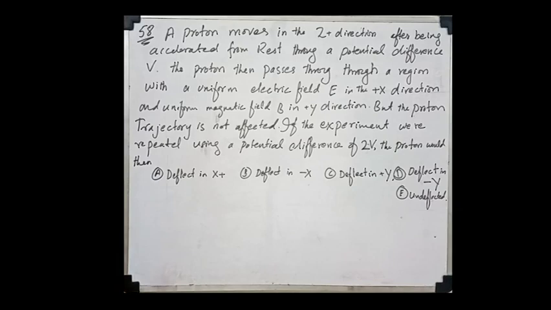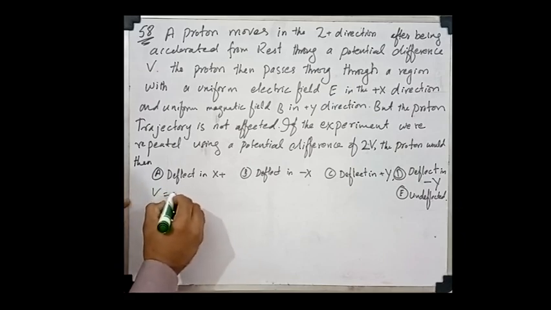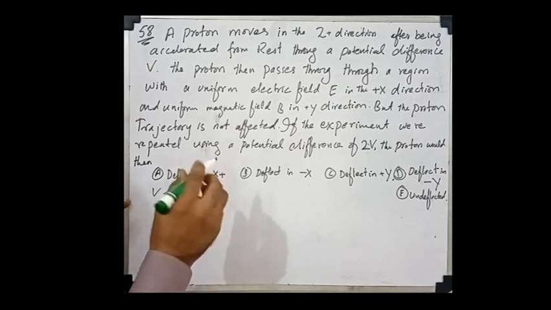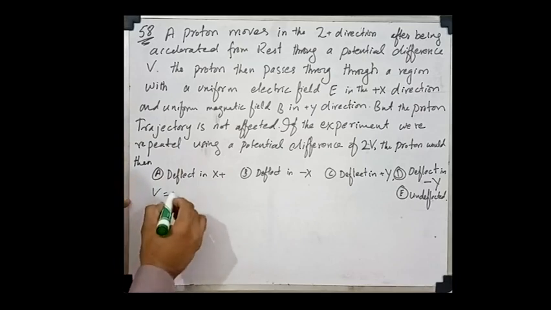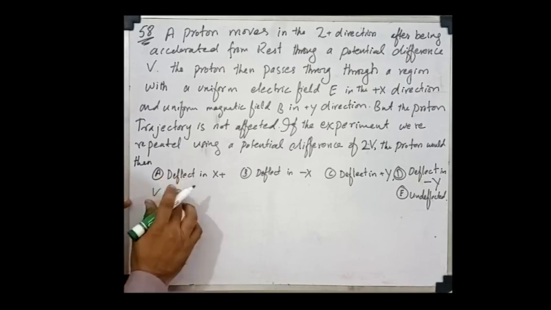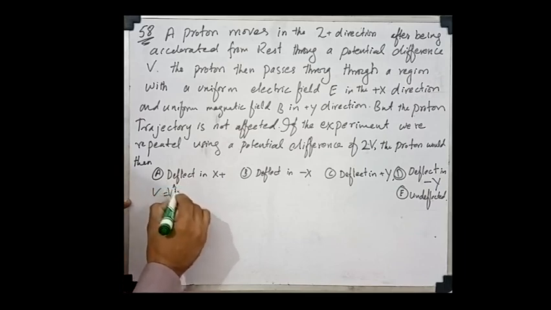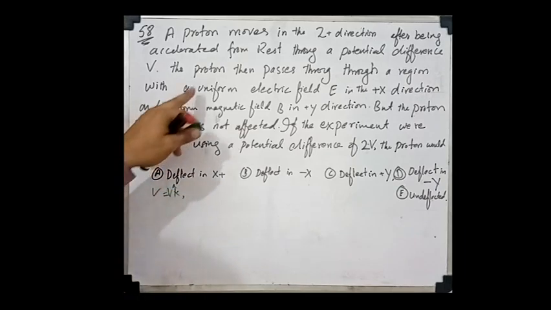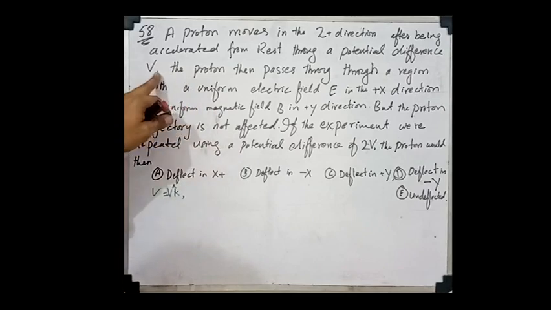We have a proton that is moving in the z plus direction. So we take the velocity as v in the k unit vector direction. And we also know that a potential difference of V is applied.